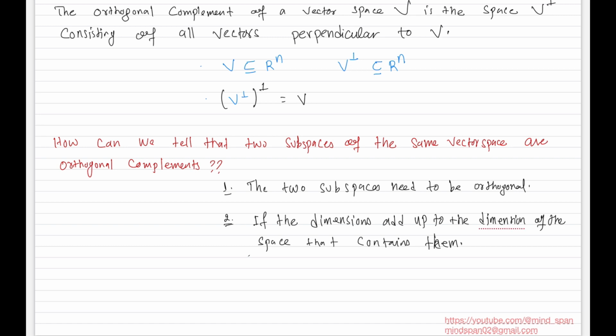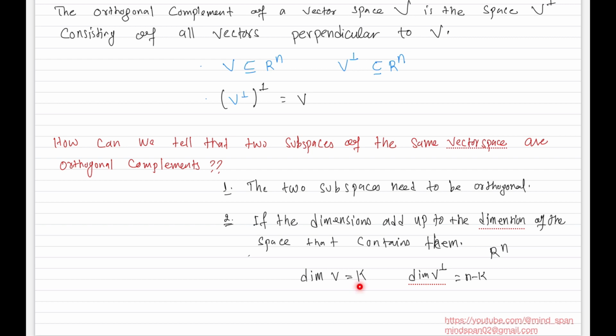राइट? सो लेट्स सपोज कि अगर आपके पास कोई वेक्टर स्पेस है V जिसका कि डायमेंशन k है, राइट, एंड देन और लेट्स सपोज कि दोनों वेक्टर स्पेस r^n डायमेंशनल स्पेस में है, देन जो इसका डायमेंशन होगा V पर का, दैट इज द ऑर्थोगोनल कॉम्प्लीमेंट ऑफ दिस पर्टिकुलर वेक्टर स्पेस V. सो इसका डायमेंशन क्या होगा n minus k. सो वी हैव सीन इन द लास्ट वीडियो, राइट, बिकॉज these two subspaces belong to the same vector space, right?